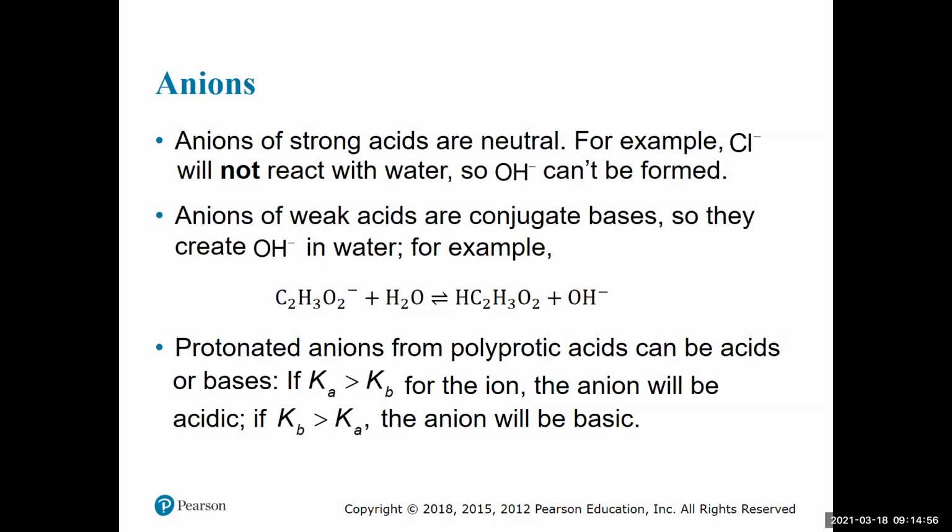So on these anions of weak acids, those conjugate bases being able to form some hydroxide, don't think it's making a ton of hydroxide. It's not. It's making some, but because it's associated with a weak acid, and we've said all along, the conjugate of a weak acid is a weak base, but they're both weak. The other one I want to mention is protonated anions from polyprotic acids.